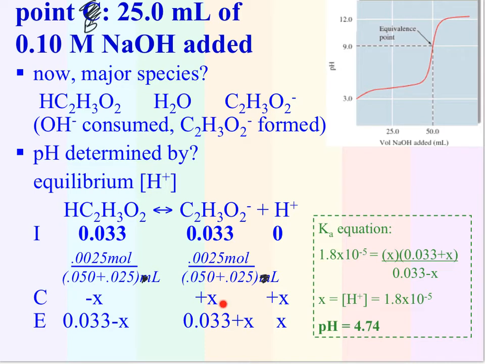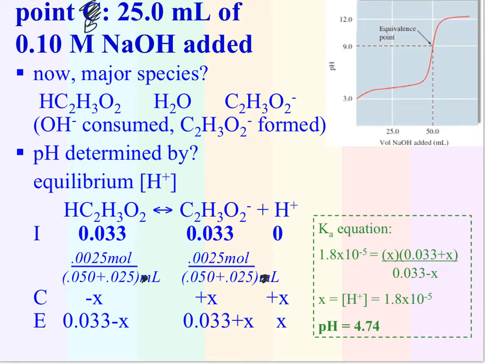We plug these equilibrium values into our Ka expression and subsequently solve for X. In this case, notice that your X value, which is also equal to your H plus, is equal to 1.8 times 10 to the negative 5, which is the same as your Ka. We plug this value into our pH calculation and get 4.74 as our pH value.